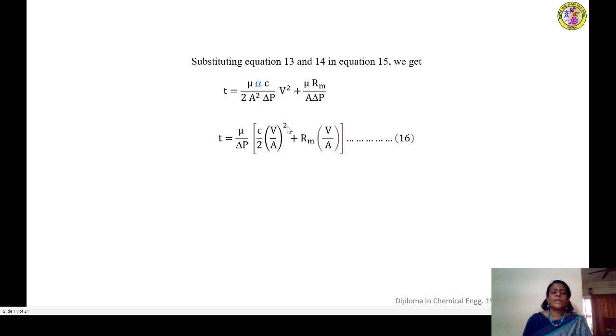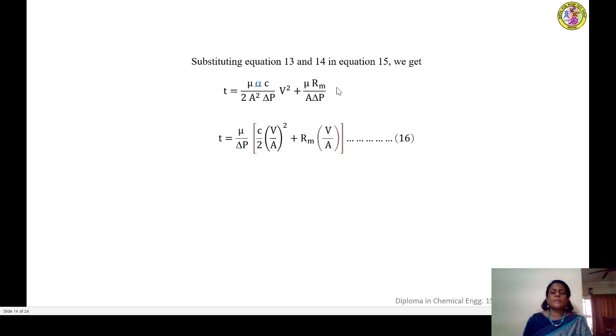V square by a square can be written as v by a whole square, plus rm into v by a. This is equation number 16.